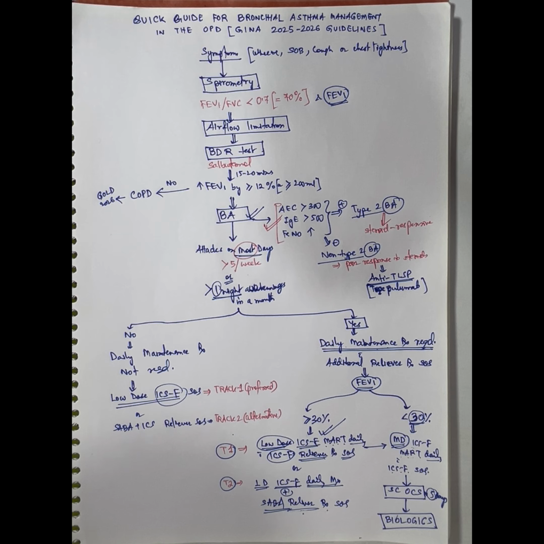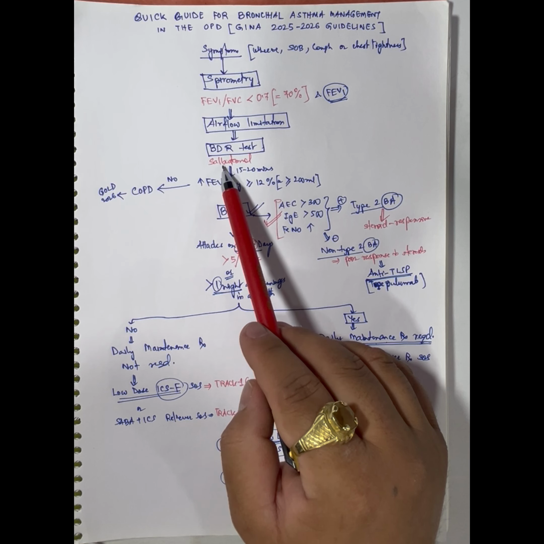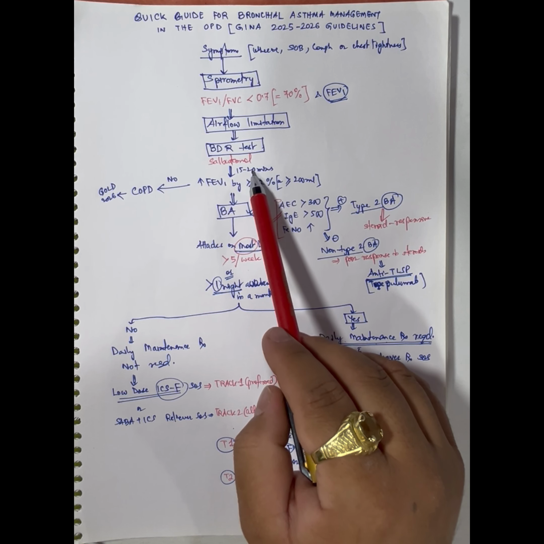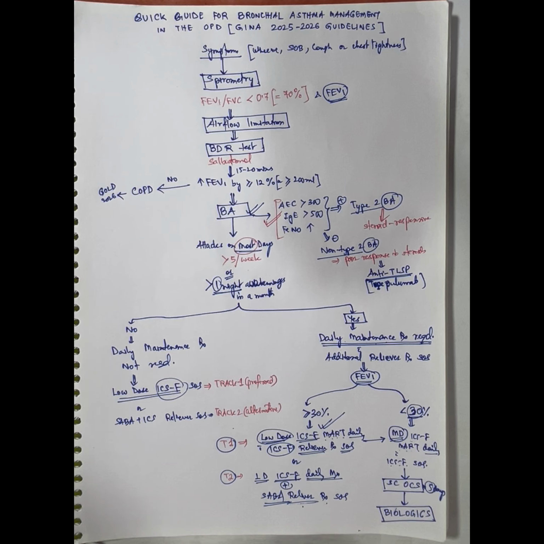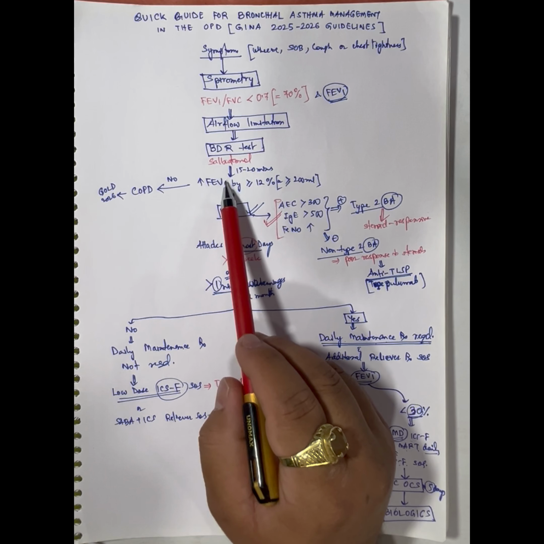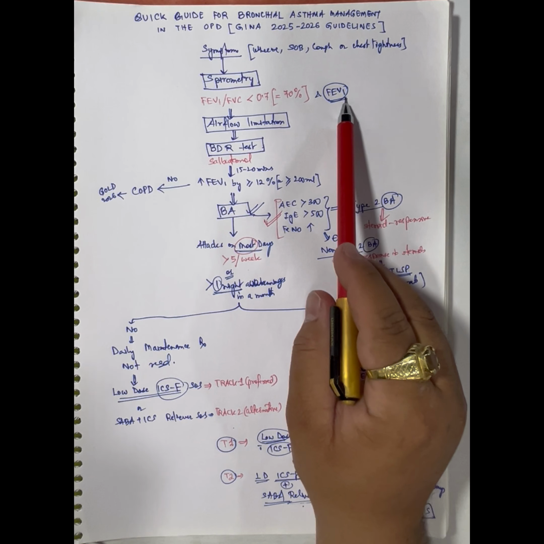To differentiate between these two, we want to do a bronchodilator reversibility test. We will give 2 puffs of salbutamol MDI and wait for 15 to 20 minutes, and we'll perform the spirometry again. We will compare the new FEV1 with the previous FEV1.